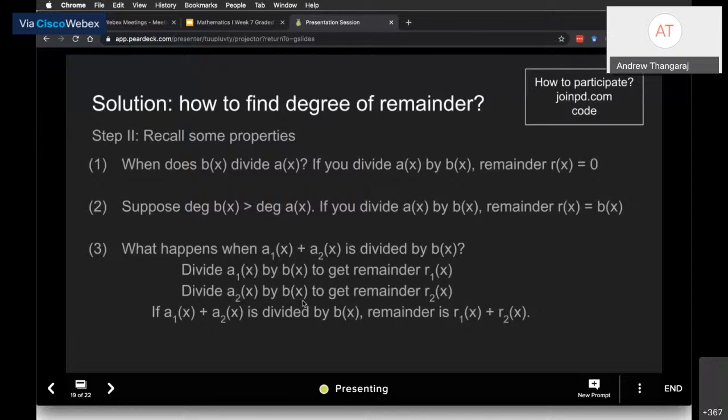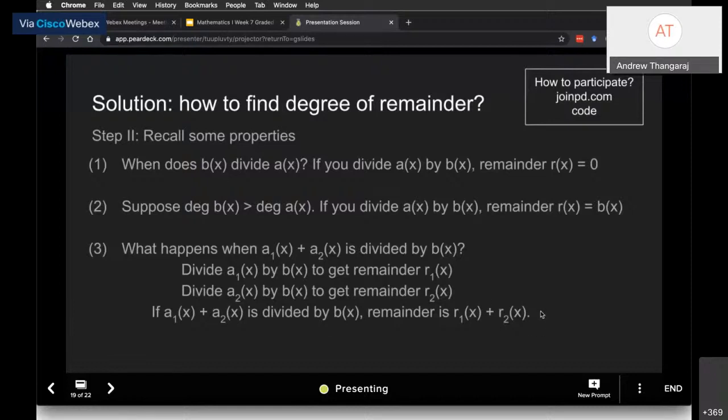So it turns out there is a very simple connection. Supposing you divide a1 of x by b of x, you will get, let's say, a remainder r1 of x. And then you divide a2 of x by b of x, you will get another remainder r2 of x. It turns out if you divide a1 of x plus a2 of x by b of x, you will get a remainder r1 of x plus r2 of x.